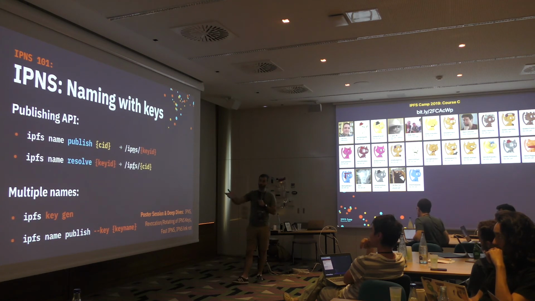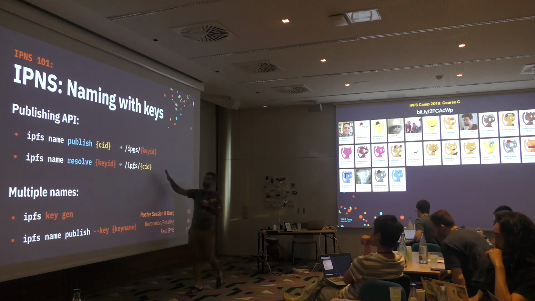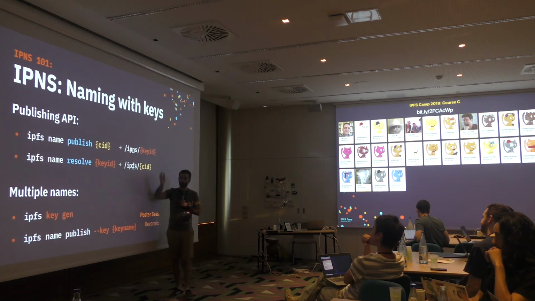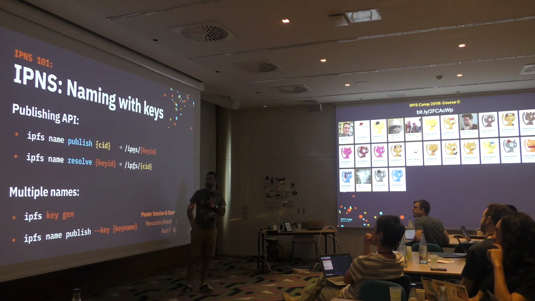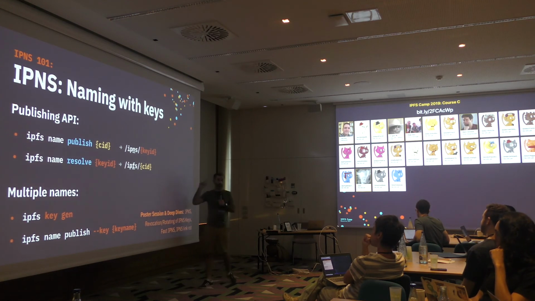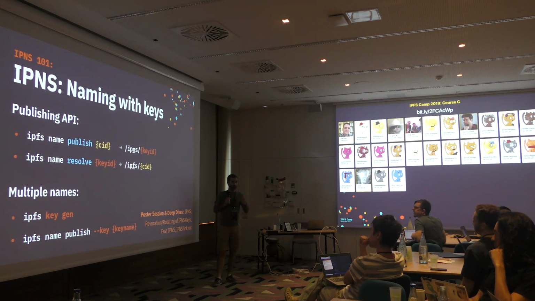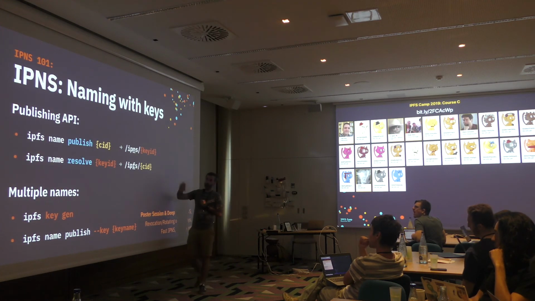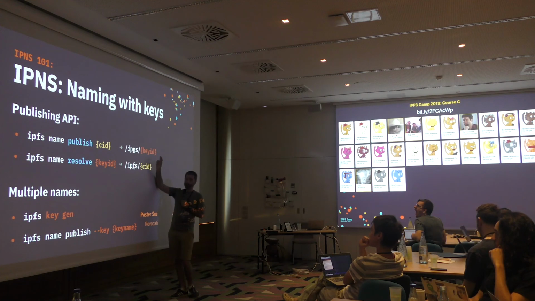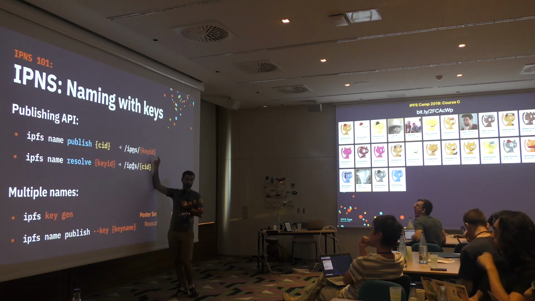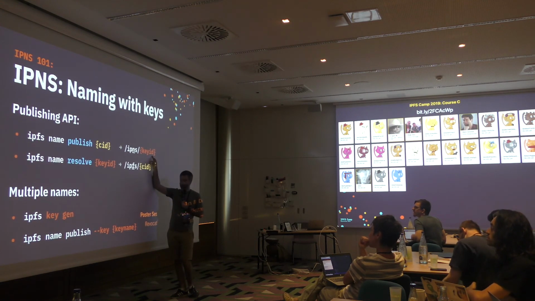So what if I want to publish different things? Because this key here, by default, if you don't set up anything else, is the key for your IPFS instance. When you initialize your IPFS instance, you create a pair of keys, and this one, without any further setup, is the hash for that public key.